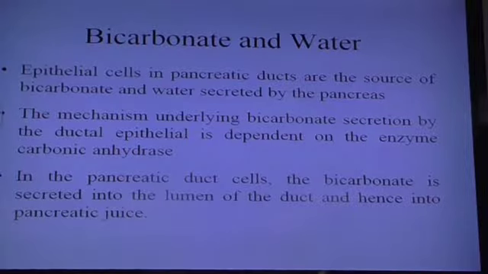Is it going to basically cause an increase in the pH of the feces when it's coming out? And so basically, there's various things all over the body which can be messed up by problems with the pancreas. That's why it's an extremely important organ.